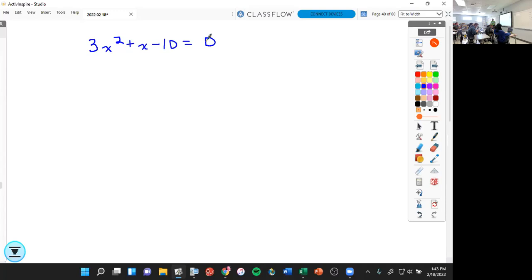To factor this easily, if a is 1, it factors easy, right? When a is 1, factoring is very, very straightforward, correct? So the problem here is I want to get rid of this 3. So here's what I'm going to do. I'm going to take that 3 and multiply negative 10 by 3. Here we go. Illegal math. X squared plus X, and 3 times negative 10 is?